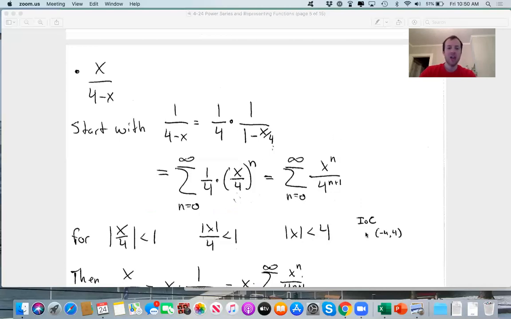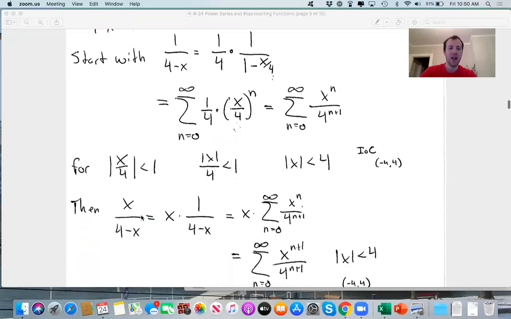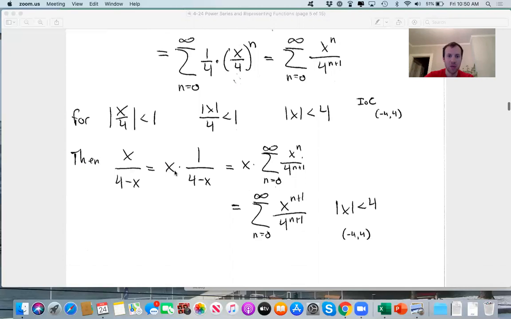Why we did this ahead of time is that if you have an extra factor, an extra x, we can break it apart, find the series from 1 over 4 minus x, and then distribute that x through. Here, we're thinking multiply every single term by an extra factor of x, which means add 1 to every power of x.